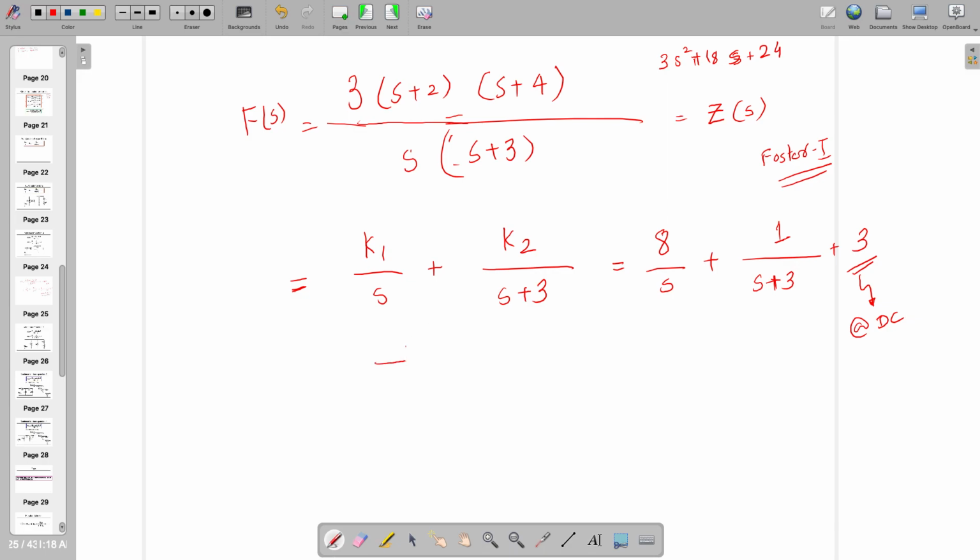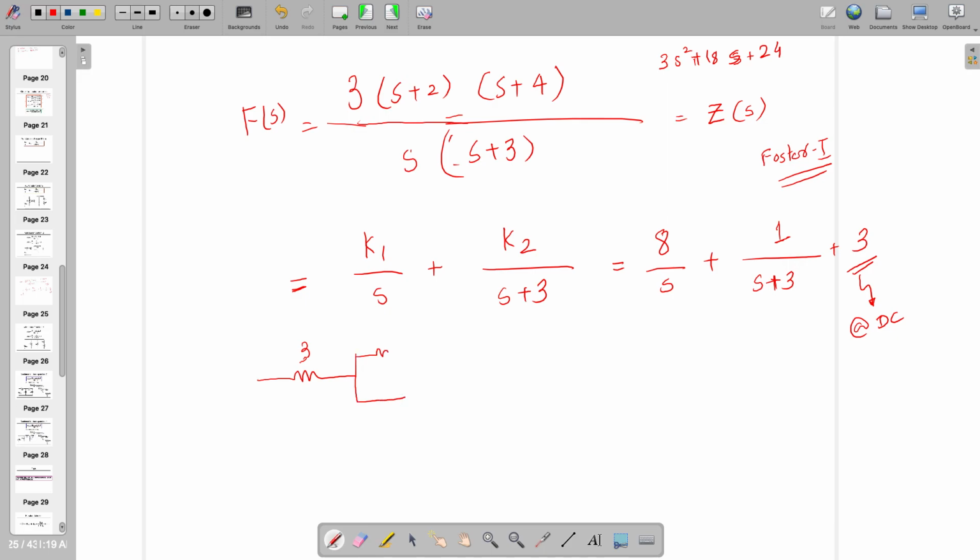The capacitor is a DC blocking capacitor, right? It will block DC, so the capacitor cannot be there. So can we draw this one? First will be 3 ohm, next will be a combination of these two. Can you tell me what will be the combination?